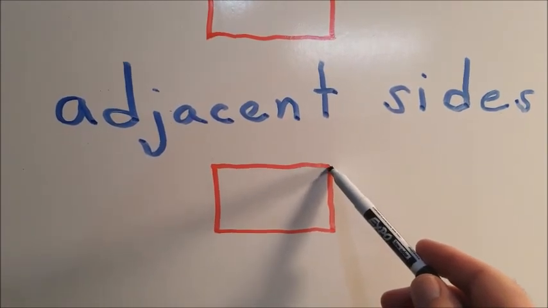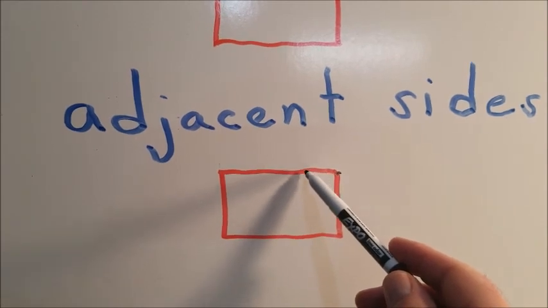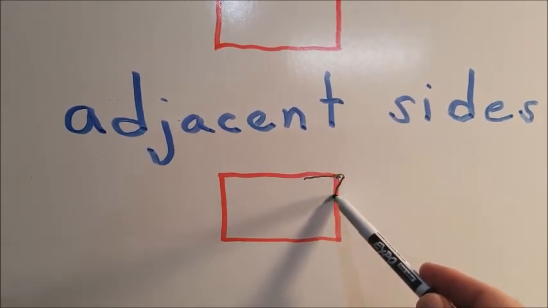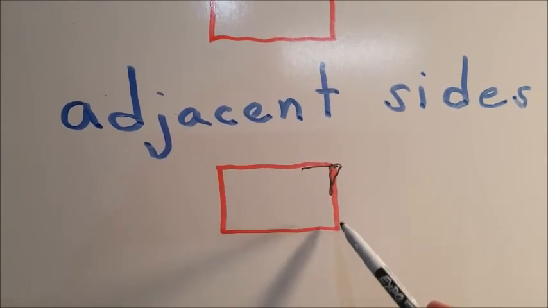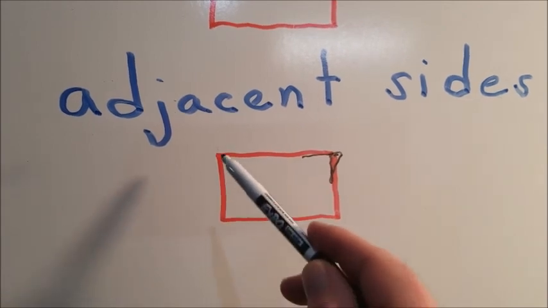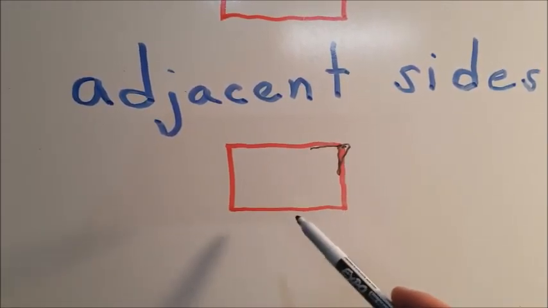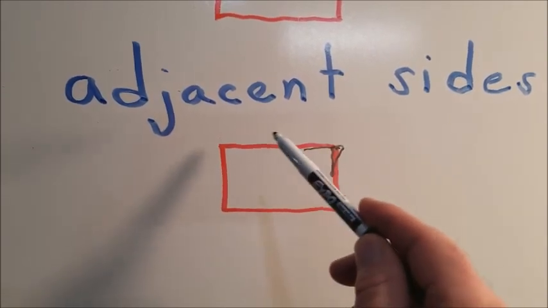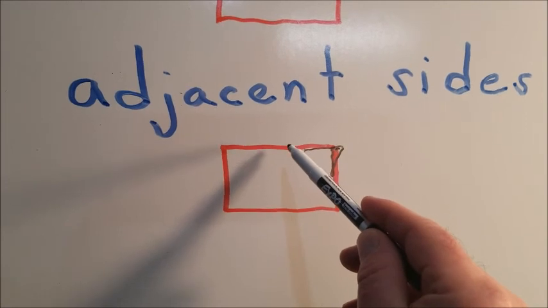So these two touch right here, these two sides, and so these would be adjacent sides, and the same thing here. These two sides are adjacent, these two sides are adjacent, and then these two sides are adjacent. So this side here is not adjacent to this side. Those are opposite sides. Okay?